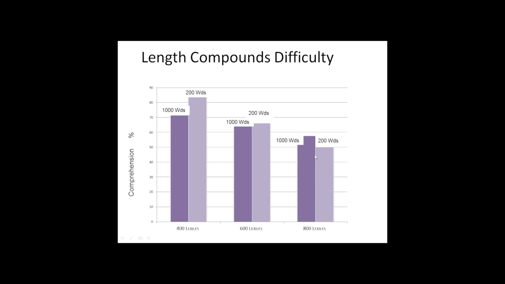Things changed a little at 800 lexiles because there were some vocabulary issues that came into play. I'll show you what this looked like with below level readers. What this did suggest, however, was that length was definitely compounding difficulty for some kids in some circumstances.